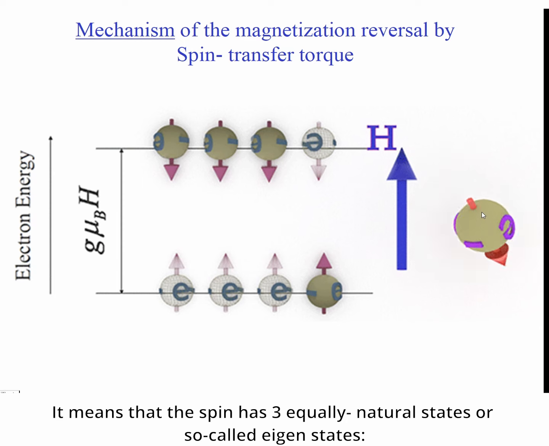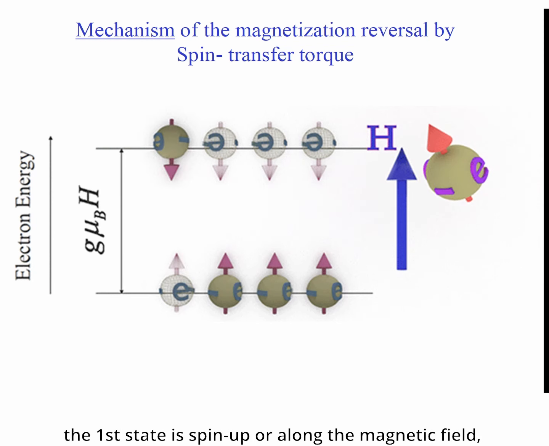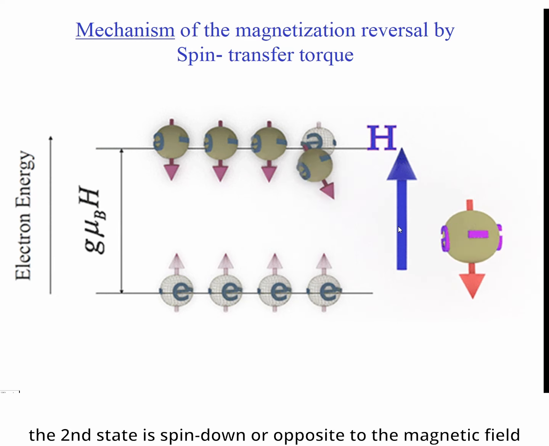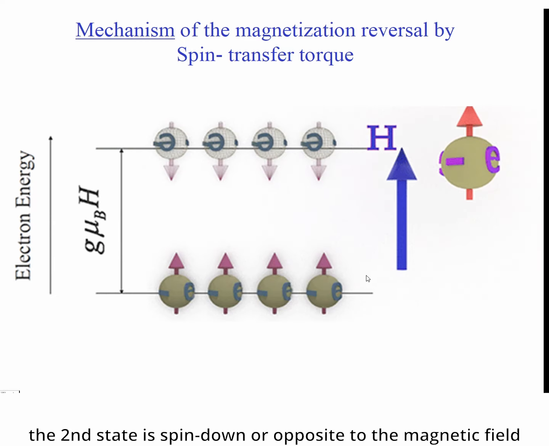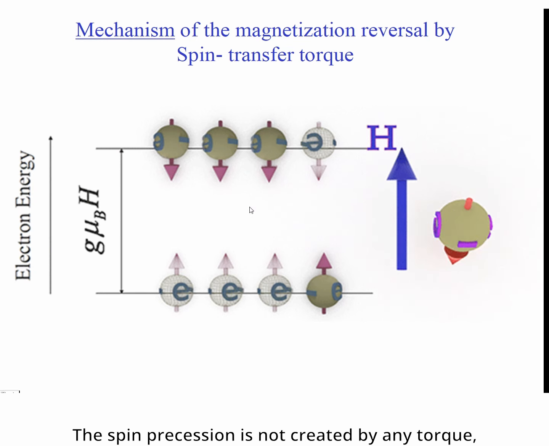It means the spin has 3 equally natural states, or so-called eigenstates. The first state is spin up or along the magnetic field. The second state is spin down or opposite to the magnetic field. And the third state is the spin precession. The spin precession is not created by any torque.